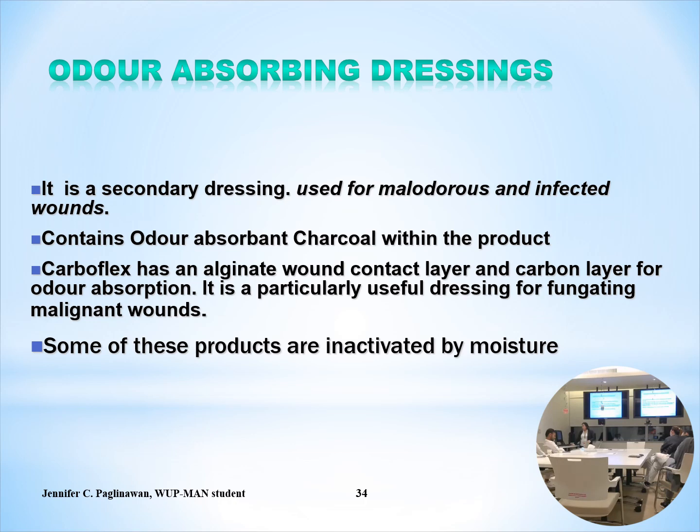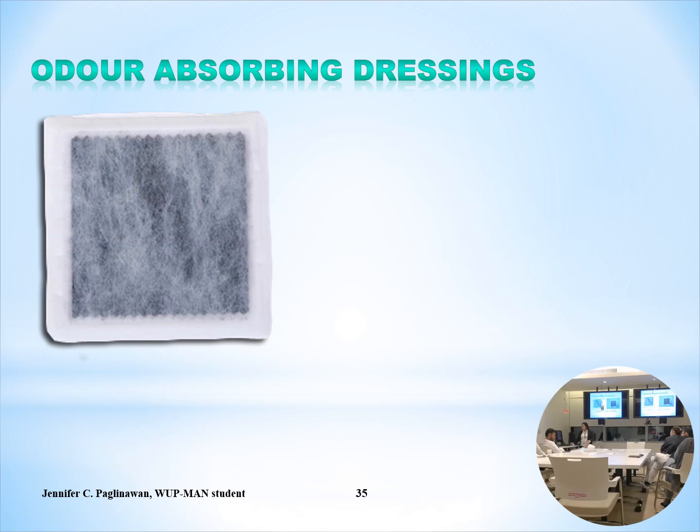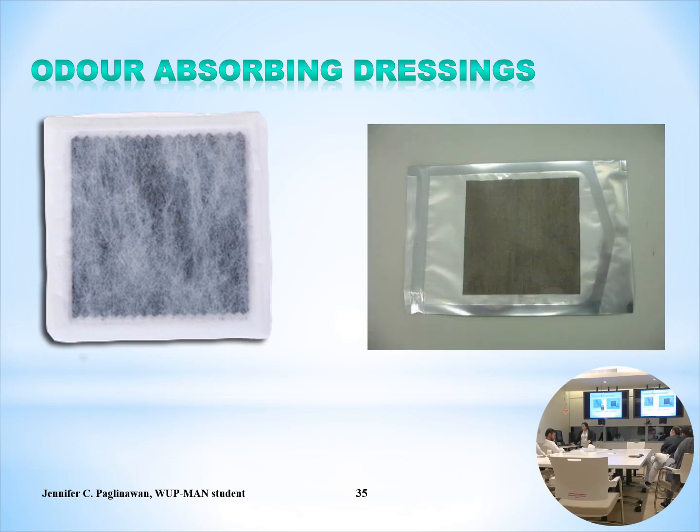It is a particularly useful dressing for fungating malignant wounds. Some of these products are inactivated by moisture. So these are the products we have: Actisorb Plus, Carboflex, and Actisorb Silver. They have a charcoal product inside.